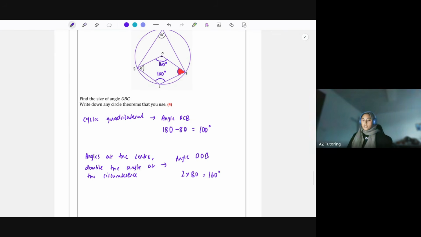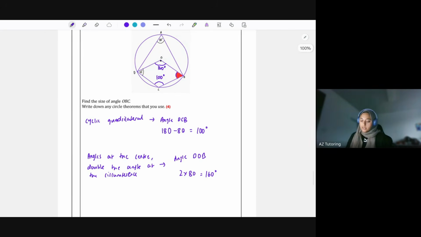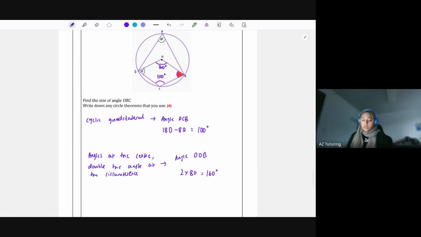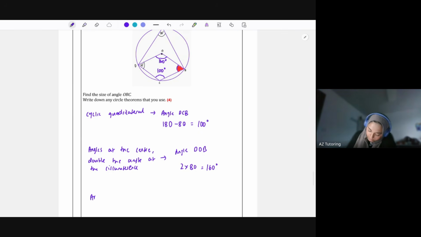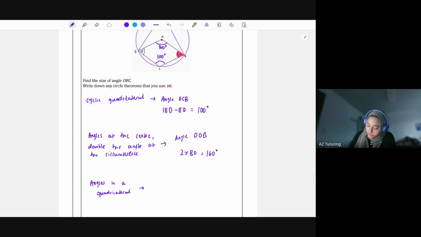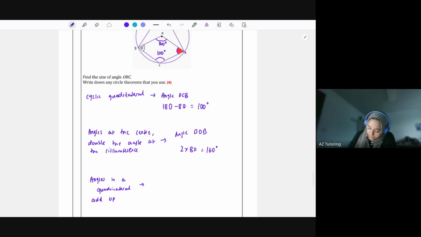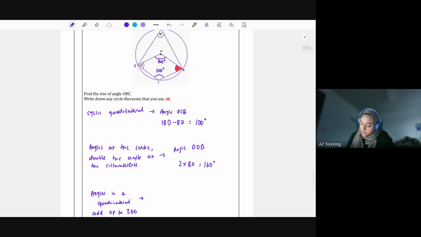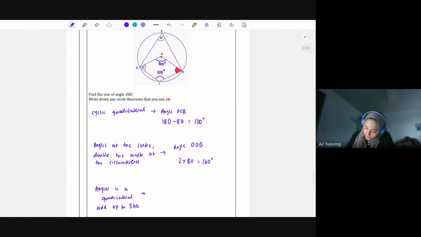Okay, now finally, to work out the red one, so angle OBC, I've got a quadrilateral on the bottom, and we know that angles in a quadrilateral add up to 360. Now, if I know I've got 160, I've got 100, and I've also got 43 on the diagram, I just need to add them all up together and minus them from 360 to find out what is angle OBC, the red one.